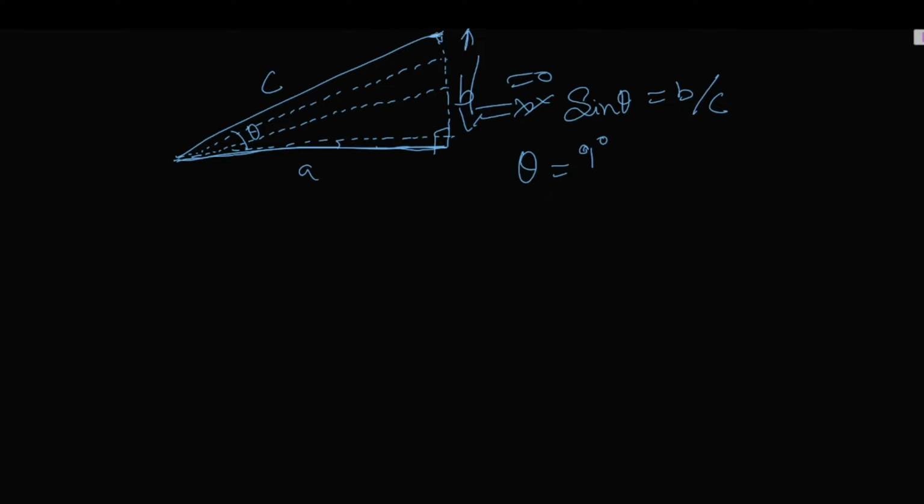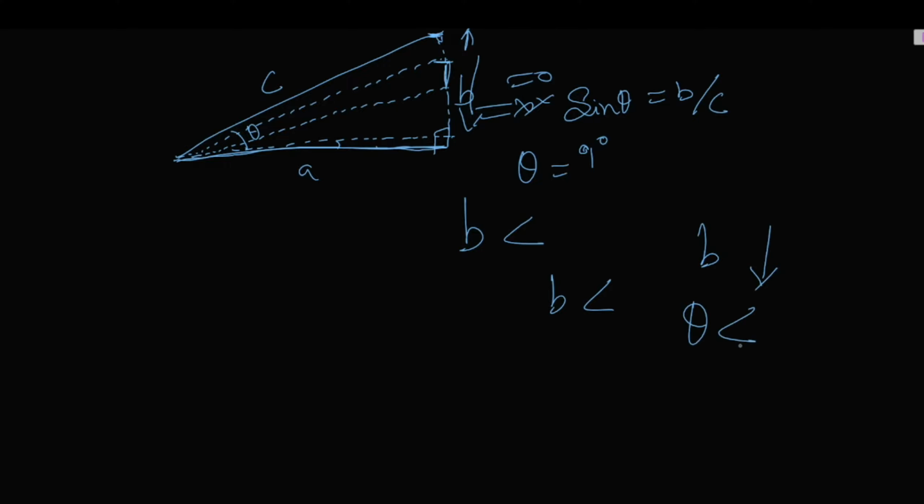How? Whatever we had at 9 degrees, after we have moved to 8 degrees, this height has come down. Suppose it was a distance of B previously, it would be less than B if we decreased the angle by 1 degree. After that, if we decreased the angle by 1 degree more, this B would have decreased further, right?